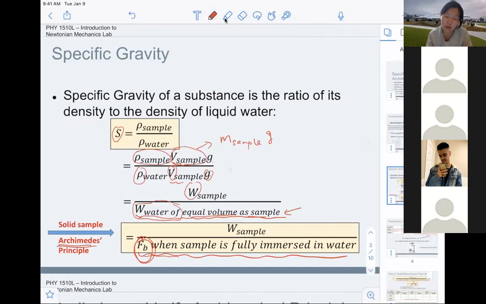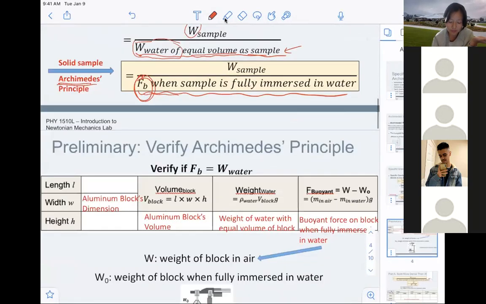So if you measure it in air, it says 10 pounds. If you measure it in water, it says 5 pounds. Well, that just means that the 5 pounds difference is how much the water is supporting the object. That's the buoyant force. So we can measure that quite easily.